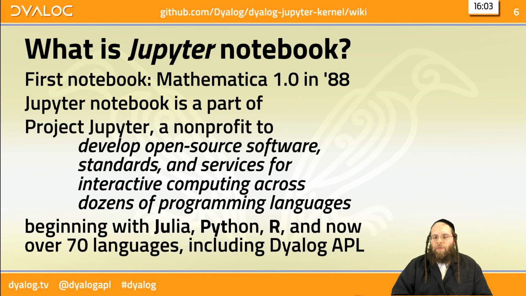Specifically, Jupyter Notebooks, why those? Well, notebooks started with Mathematica a long time ago, and since then there have been a lot of different notebook formats, but they've always been tied to a specific product, a specific programming language, a specific environment. The Jupyter Notebook is special in that it's the first such notebook project that crosses the boundaries between various programming languages.